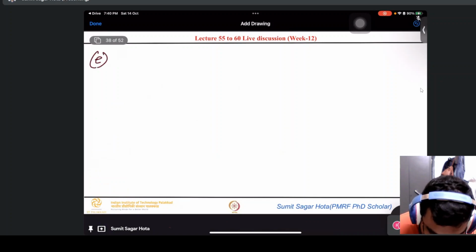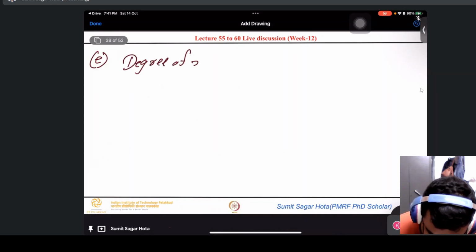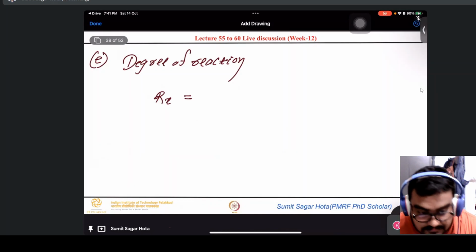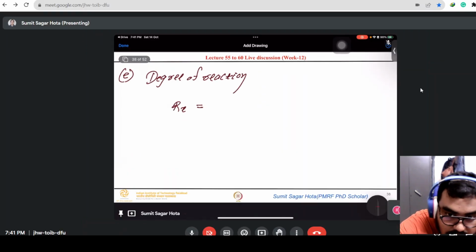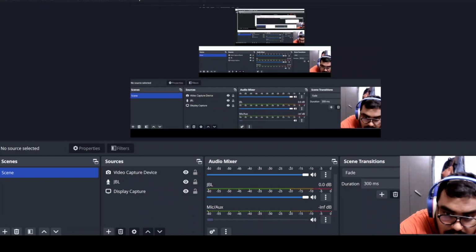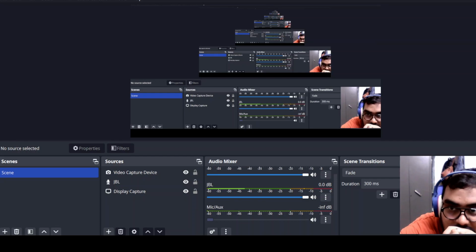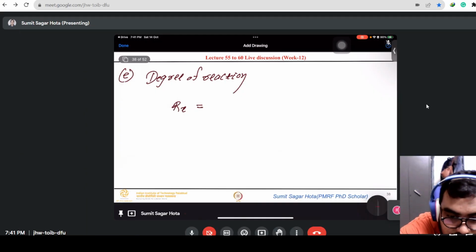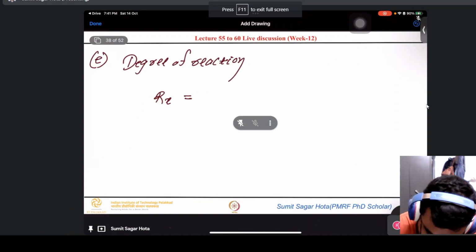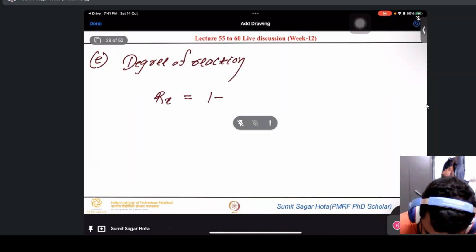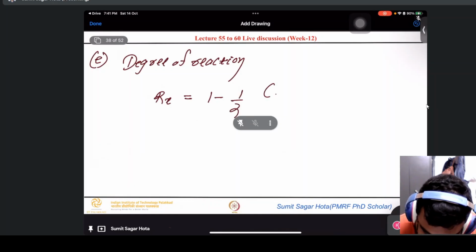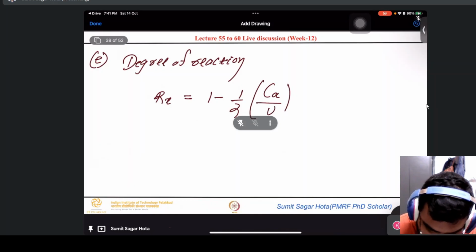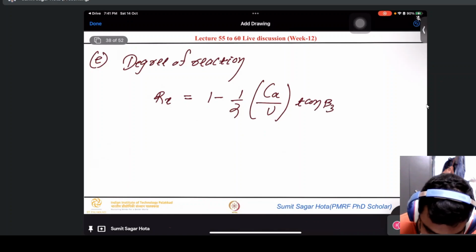Next bit, degree of reaction. Rx equal to 1 minus 1 by 2 Ca by U into (tan beta 3 minus tan beta 2).